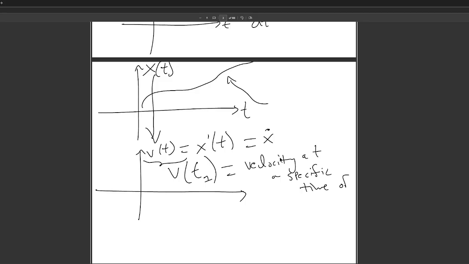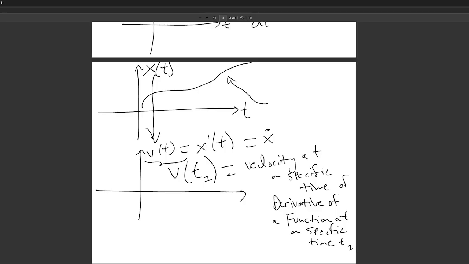Or it's the same as saying the derivative of a function at a specific time t1.